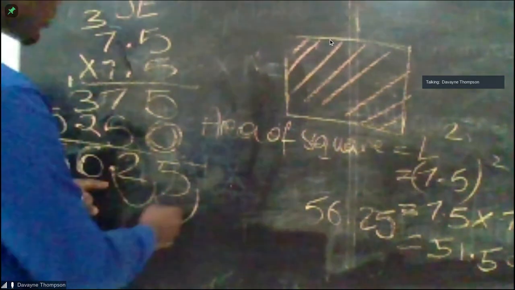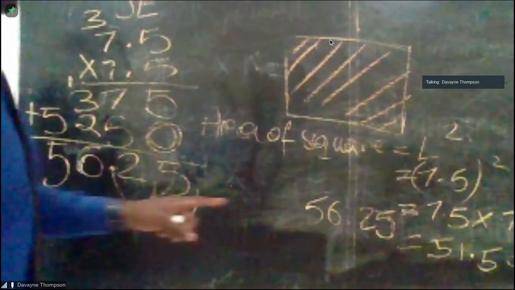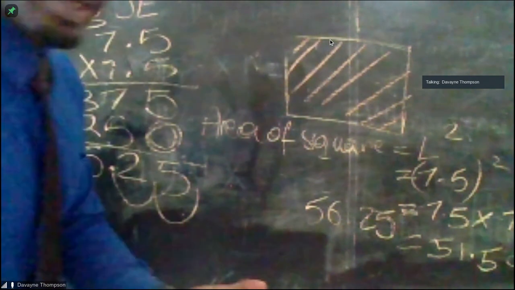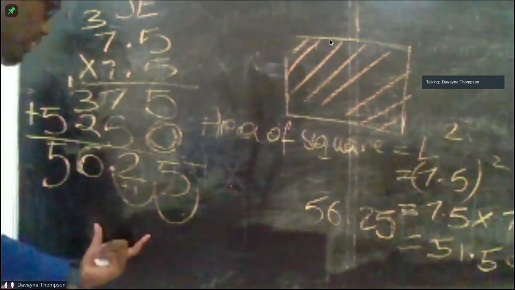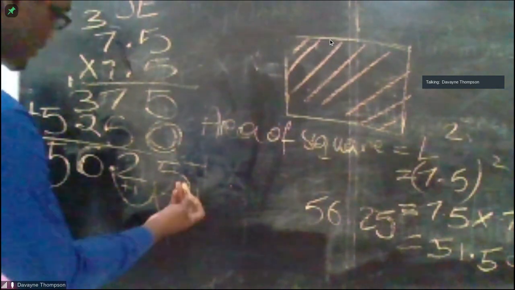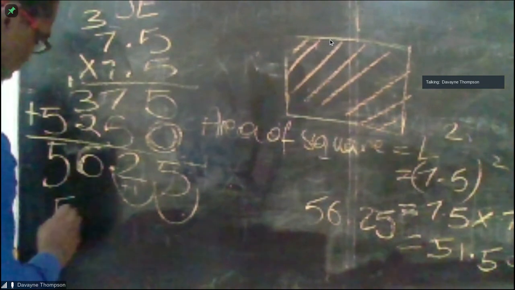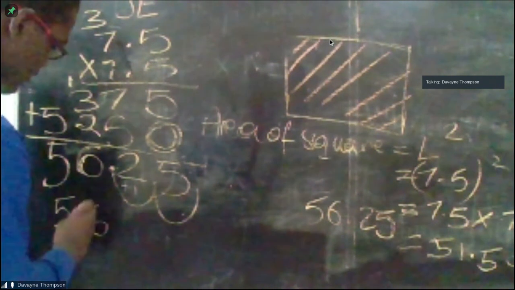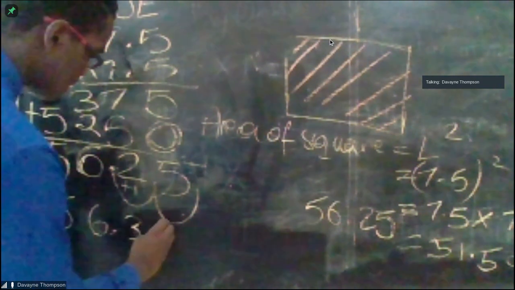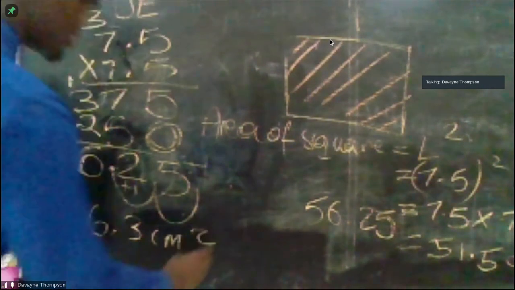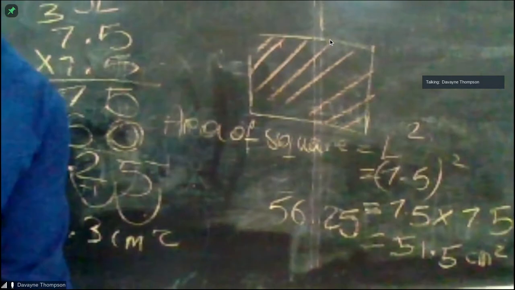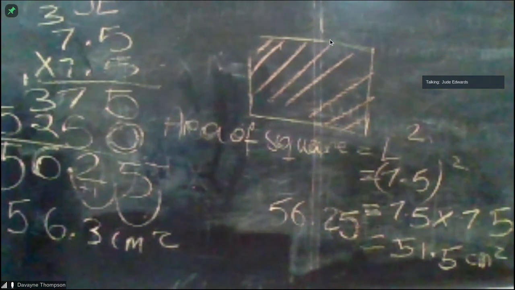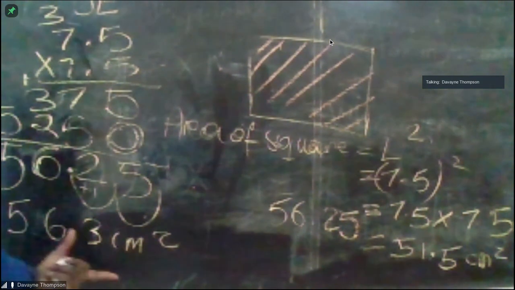Then you look to the right of that 2, you see 5. 5 is equal to 5 or greater, so that means we're going to add 1 to 2 and make it 3, and then we just leave nothing here. So we have 56.3 centimeters squared. Jude, see where we went wrong? Yes, sir. Alright, make the correction for me.